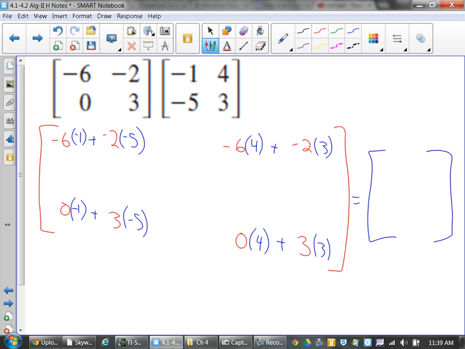So we have 6 plus 10. Is that right? Oh, that's negative 6.